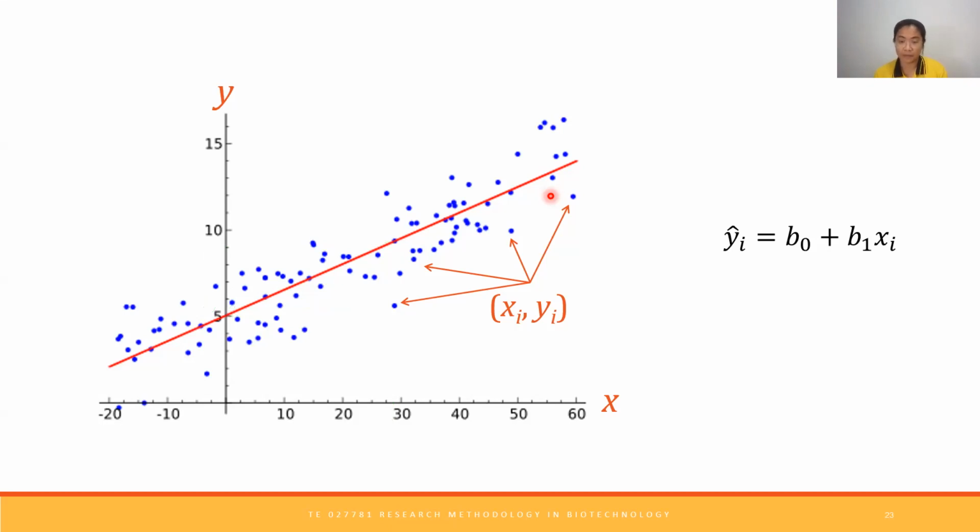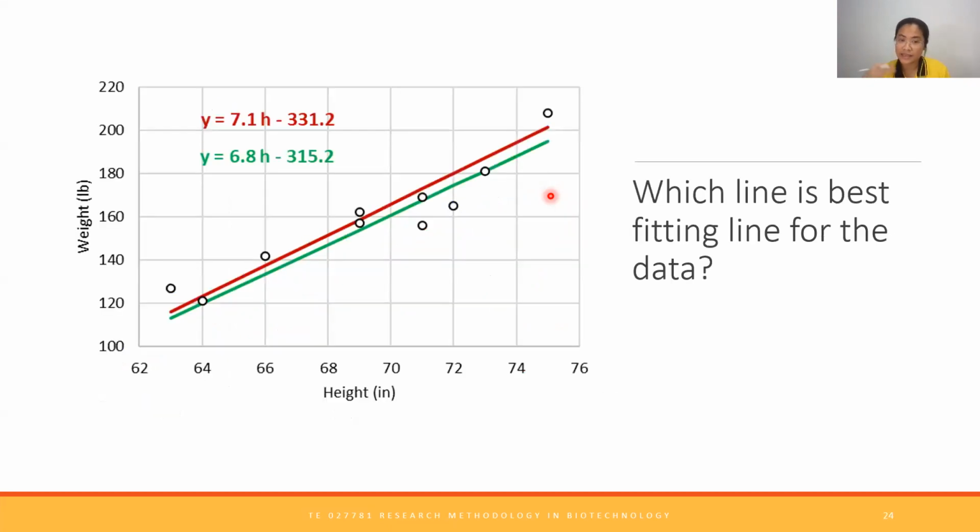Let's go next, still on the regression stuff. Look at this set of experimental data. Each point, the circle point, is from the experiment, the actual thing that happened.